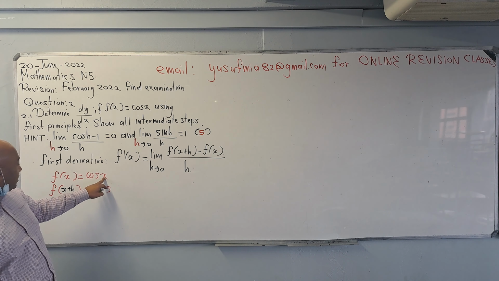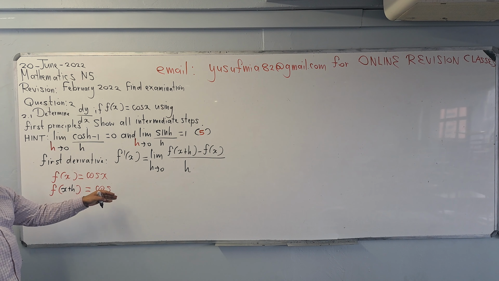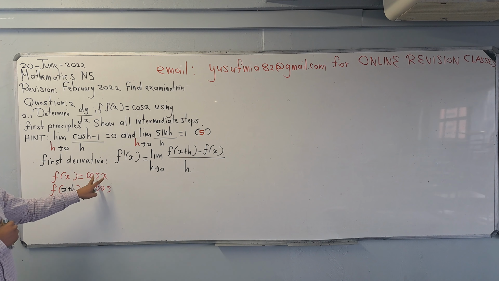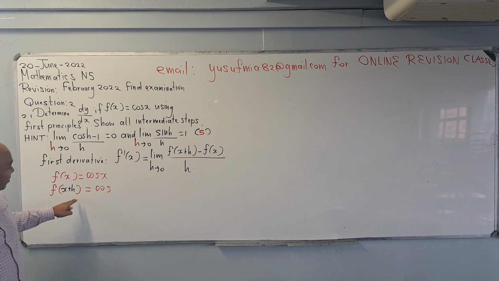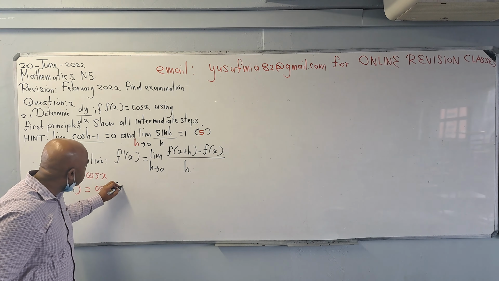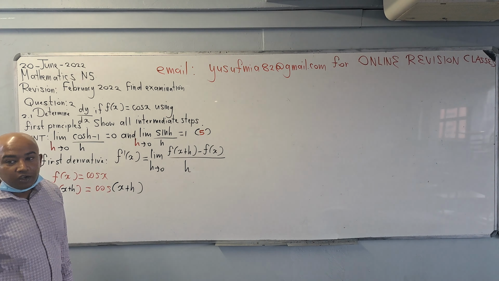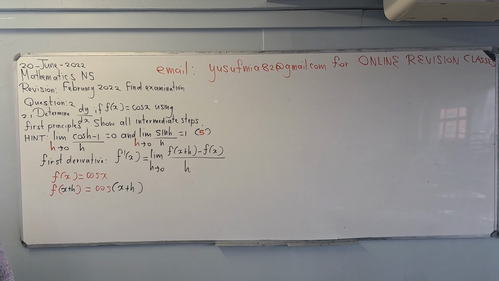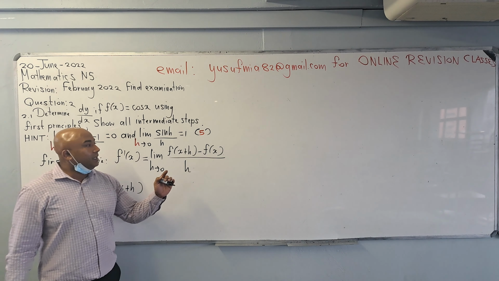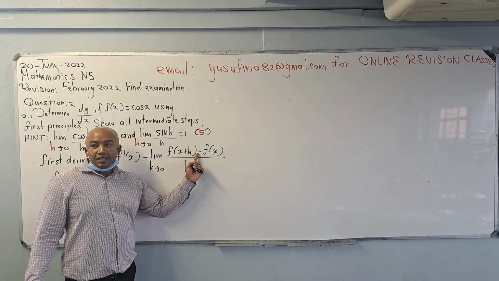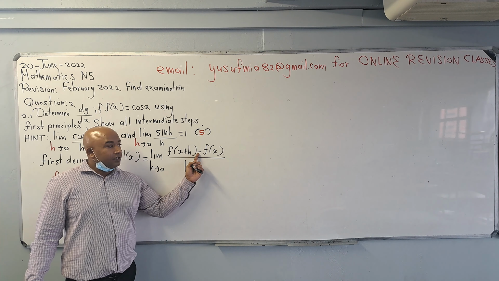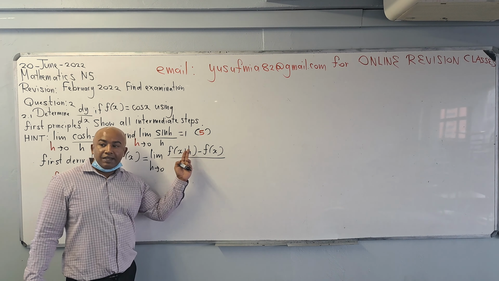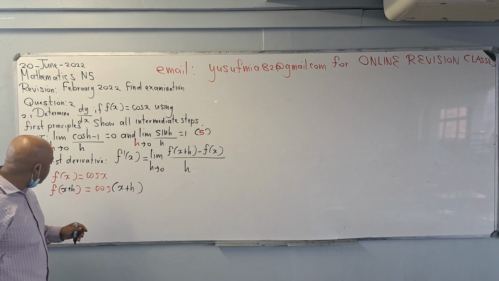So now, if I do it on the left, I do it on the right. This is based on f of x is equal to cos x. So now f of x plus h will equal cos of x plus h. Now, the next step is to subtract. Okay, so it's f of x plus h minus f of x.